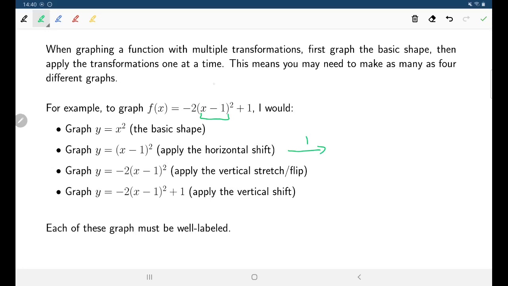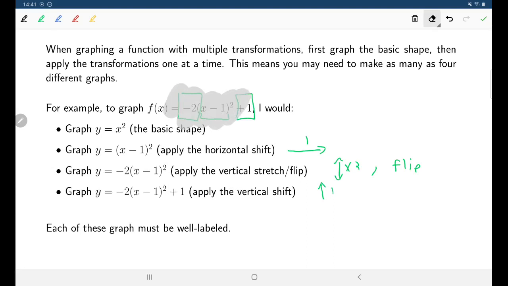Then next, the squaring function itself is all being multiplied by negative 2. That's a vertical stretch by a factor of 2, and it's also a vertical flip. Finally, our last thing that we would do would be the adding 1 at the end. That's our vertical shift, our going up by 1 unit.